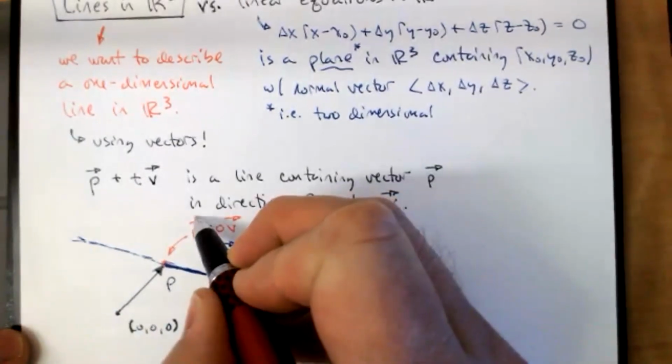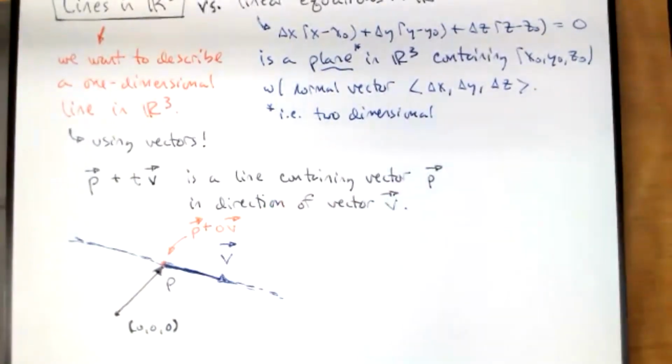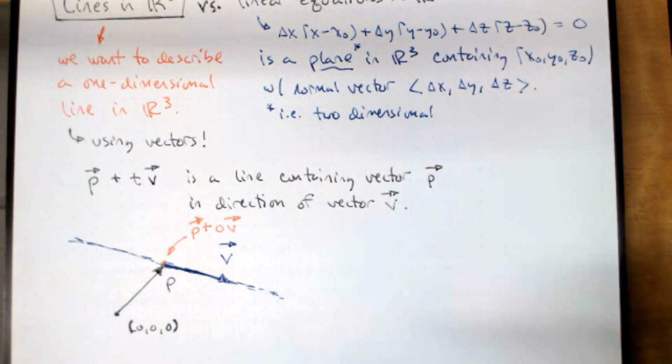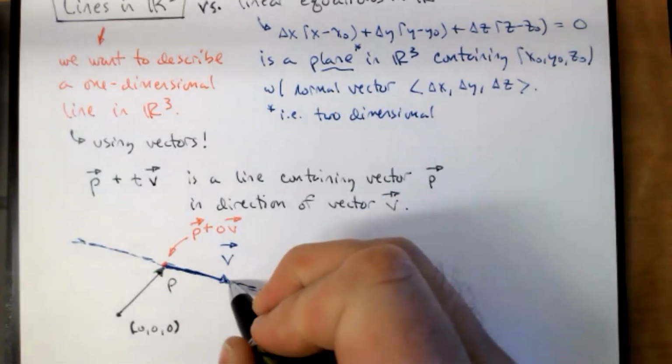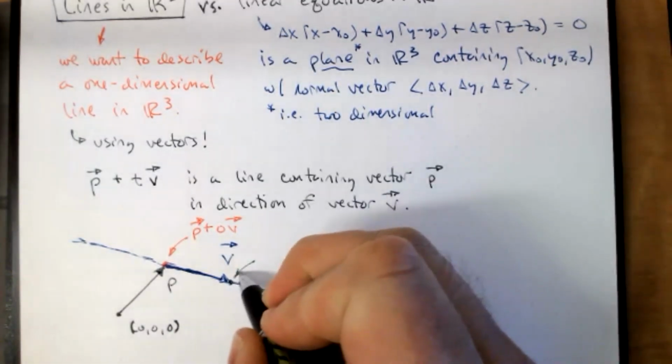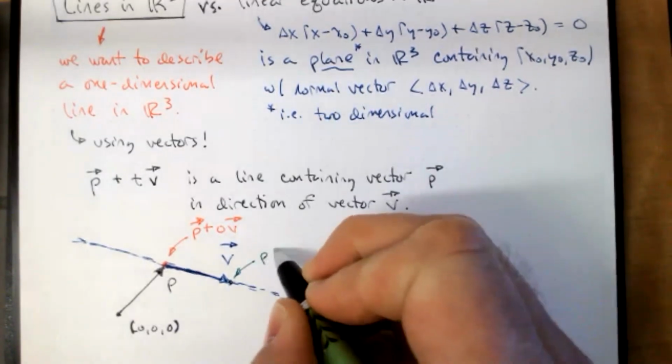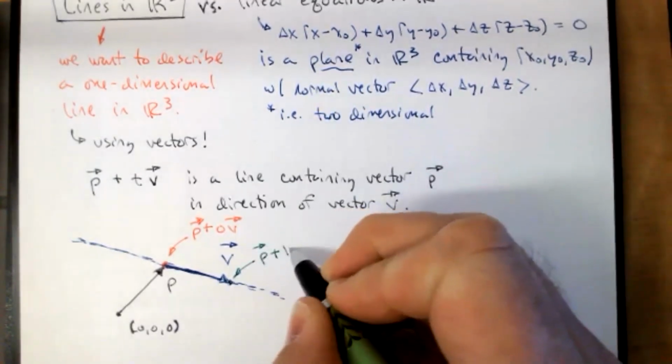Just like y equals b plus mx. When x is 0, y is equal to b. V is headed off in this direction. So at this point here, we'll have the point P plus 1V.